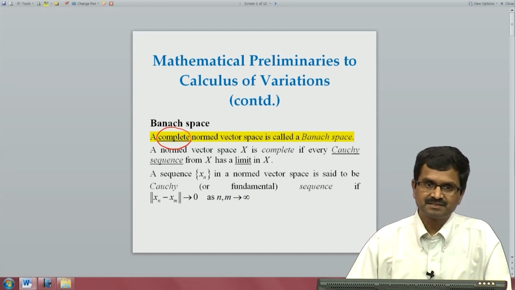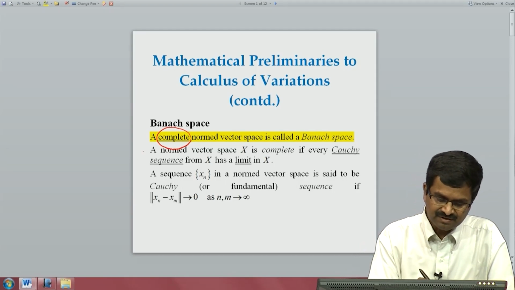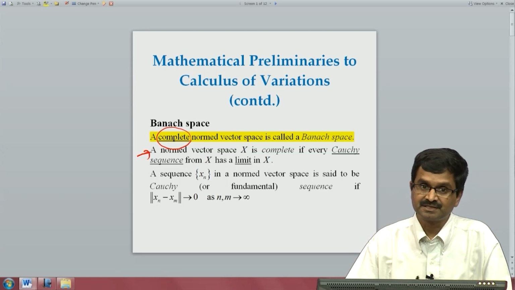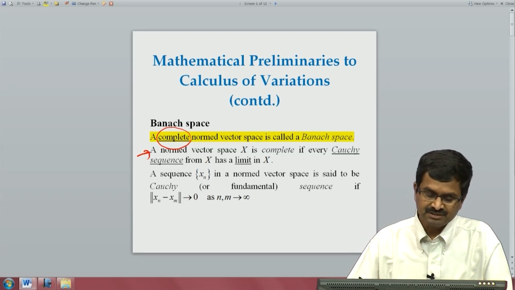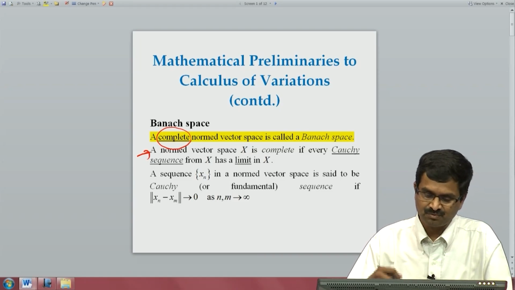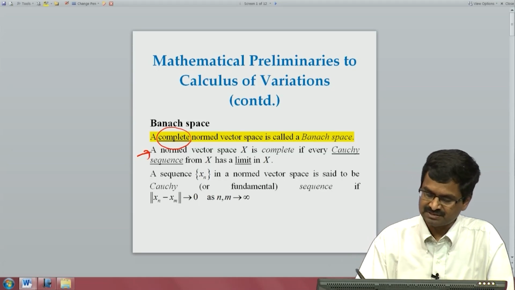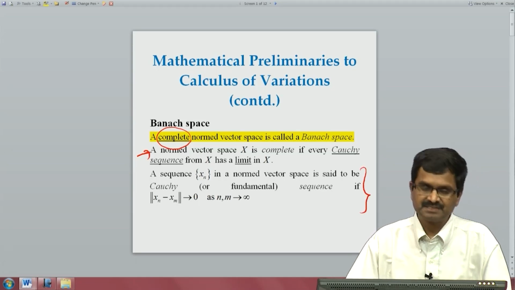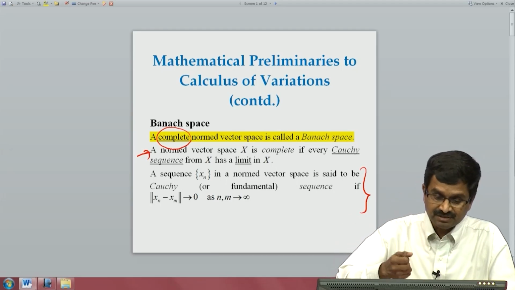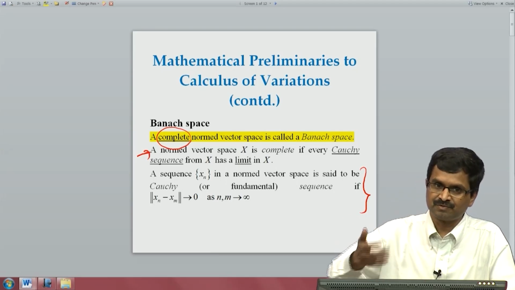This completeness, there is a definition for that also. A normed vector space X is complete if every Cauchy sequence from X has a limit in X. Then you have to say what is a Cauchy sequence, what is a limit, and so forth, right. A Cauchy sequence is basically a converging sequence, that is the definition here. What it says is that you can have a sequence, meaning that if you start with a function, we talk about function spaces, they are also vector spaces, right.